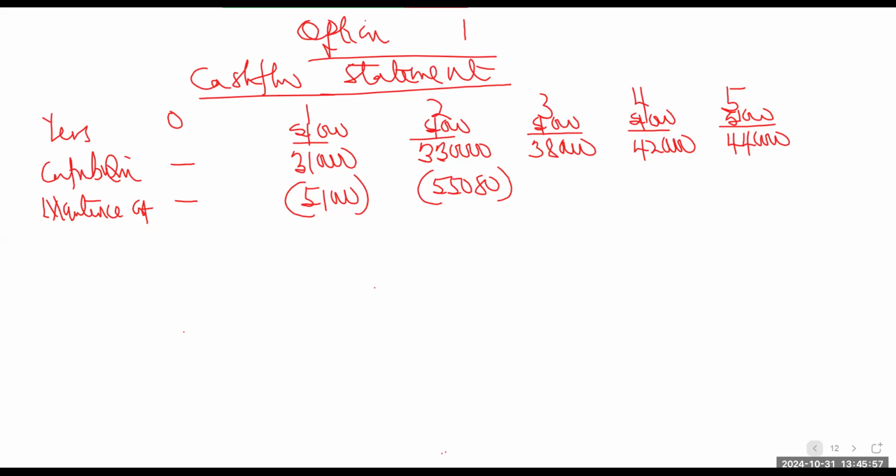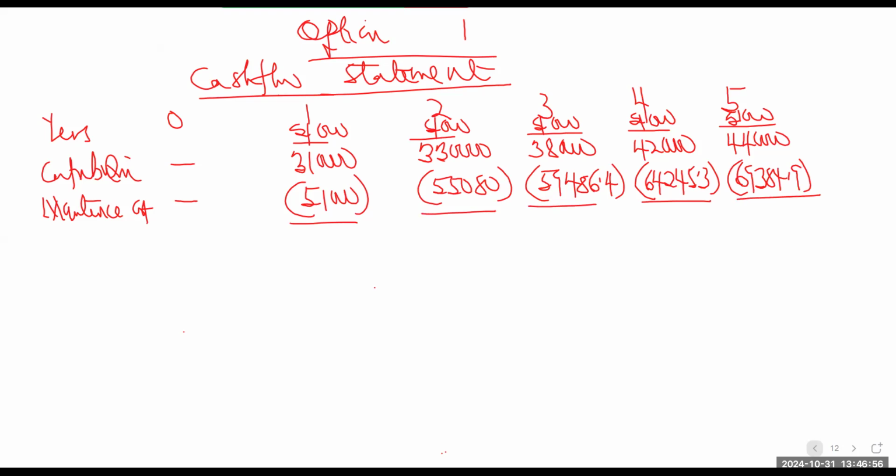Year 3, 59,486.4. Year 4, 64,245.3. Year 5, 69,384.9. How is that confirmed? 0.9, isn't it? Yes.